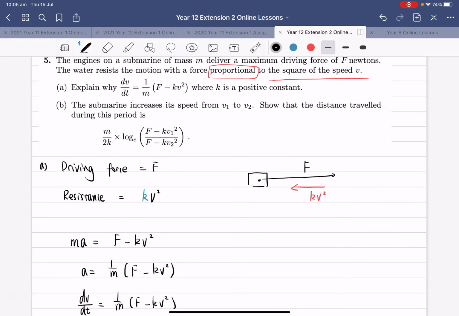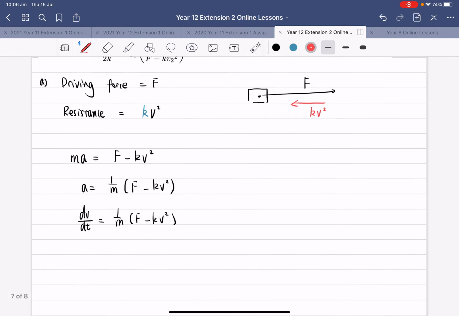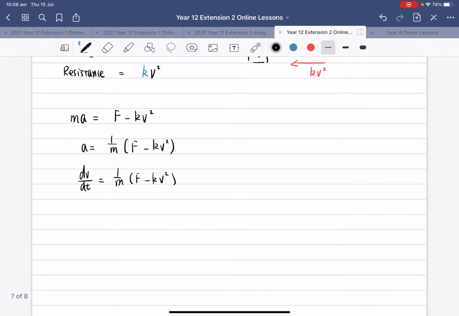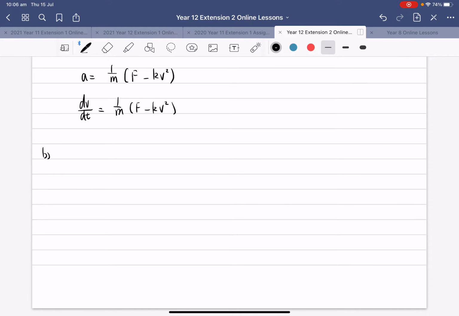Now for part B, we need to increase the speed from v1 to v2 and show the distance. So now we're looking for distance and speed, the vx function or the xv function. We're going to start from the one we had before. So a is equal to 1 over m bracket F minus kV squared.